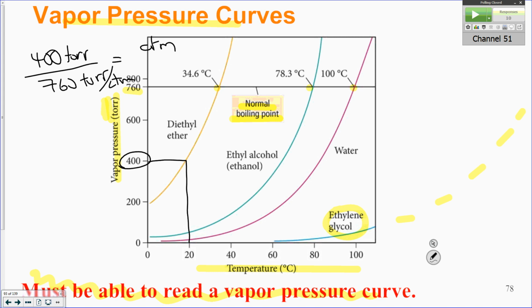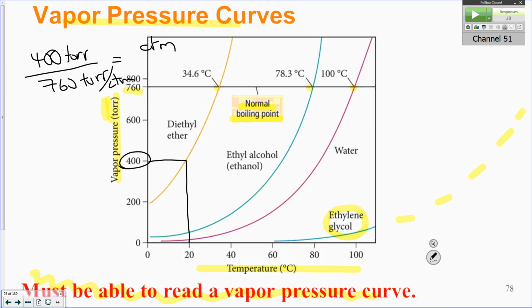The key thing is to be able to look at the graph and predict what the vapor pressure is. If you look at old exam questions, I'll give you one of these graphs, and I'll ask what is the vapor pressure at a given temperature. Or I may ask which one of these substances has the highest or lowest intermolecular forces.